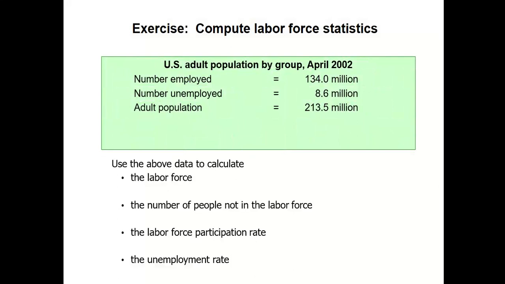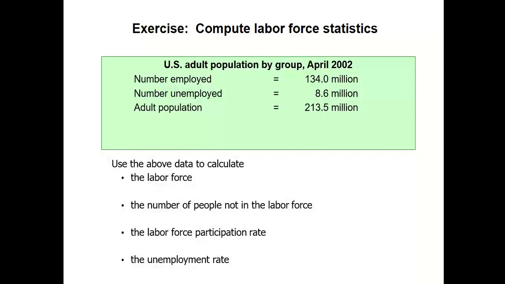There is an exercise to compute labor force statistics. Data is given from the US adult population by group, April 2002. In that, the number of employed is 134.0 million, the number of unemployed is 8.6 million, and the adult population is 213.5 million.